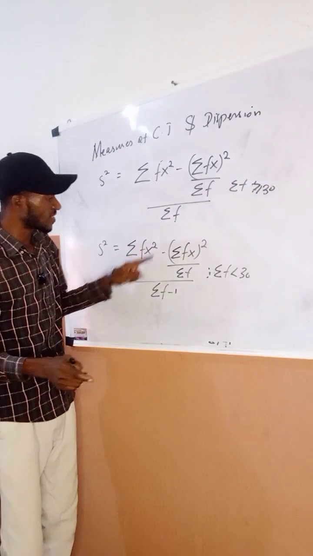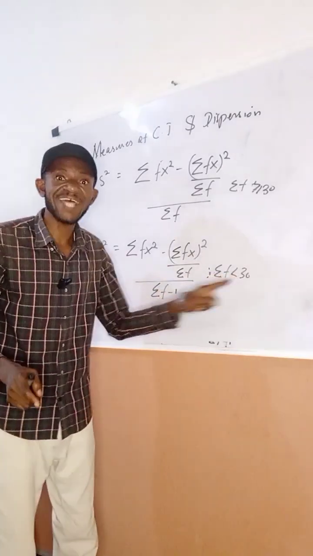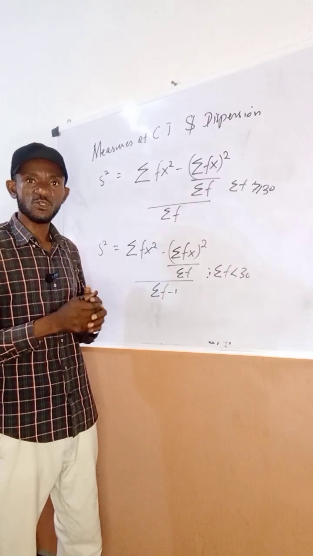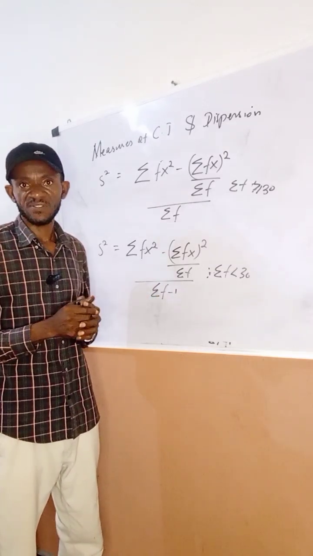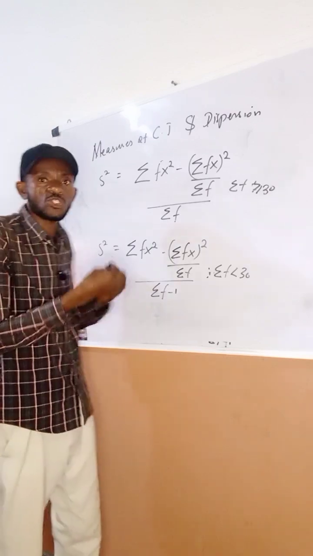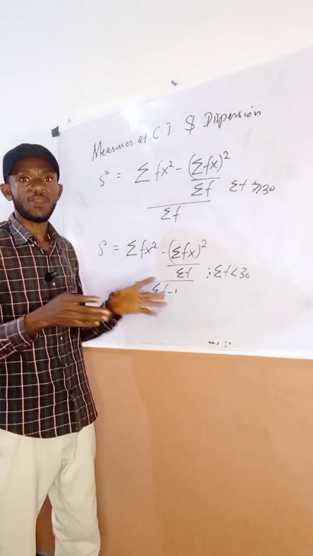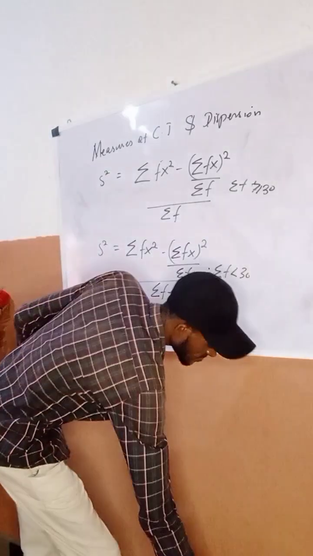But we are going to use all over summation of f minus 1 when summation of f is less than 30. So this is what we are going to do when we talk about the variance. Understand? We are going to draw a small example, and from that example do a lot of illustrations on how to calculate all of these.